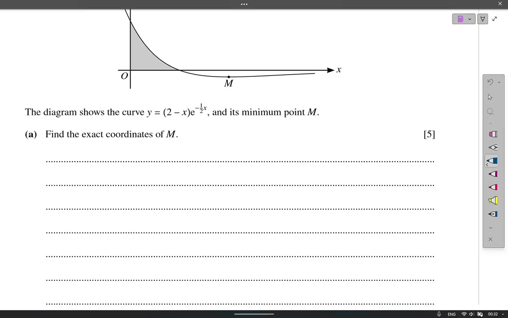To differentiate this function, it's actually a composite function, so I'm going to make them u and v. The u part is 2 minus x, and the v part is this one.